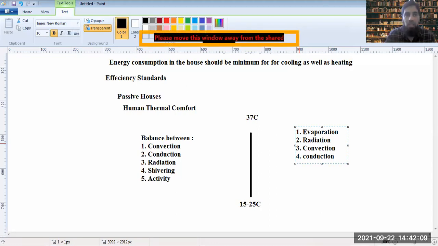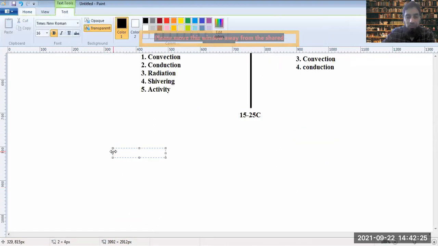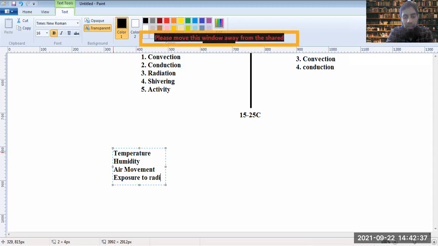So for a human body effect, which is both psychological and physiological, they are dictated by many things. One is you have the temperature, you have the humidity, you have the air movement, you have the exposure to radiant heat sources, you have exposure to cool surfaces.